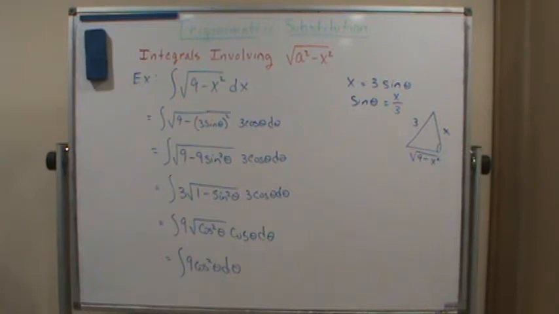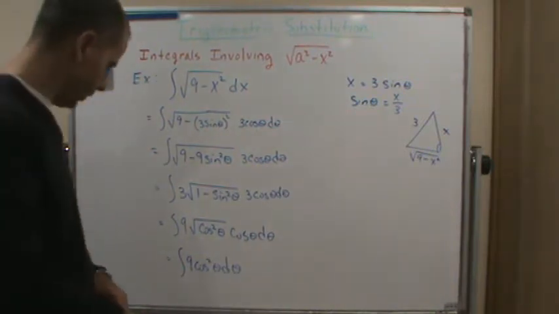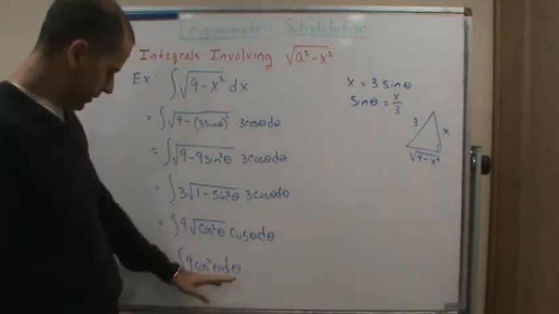Okay, and so this is where our powers come in. Now here's where I can't do the product rule, so I can't go backwards.